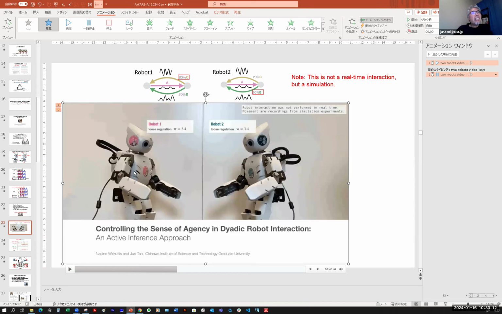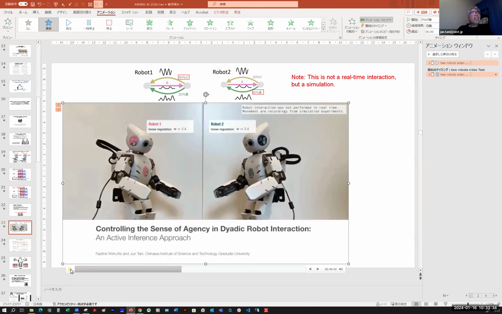This side prefers to generate C, but it's generating B by following robot 2, which is set with high W. Therefore this one becomes a leader and this robot is a follower. That's the situation we see.